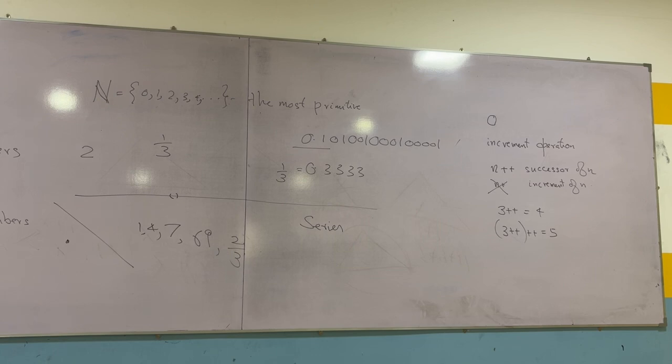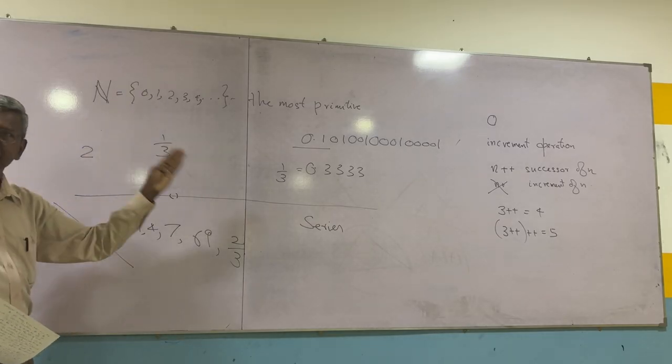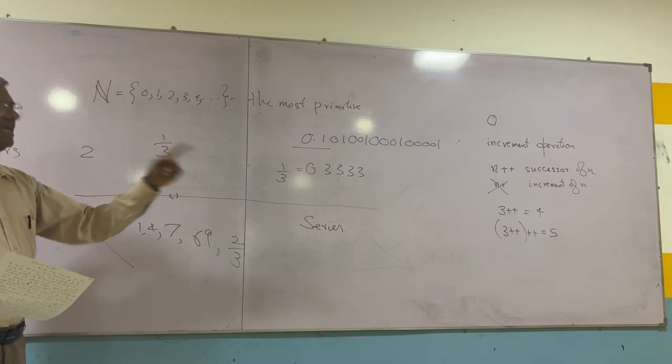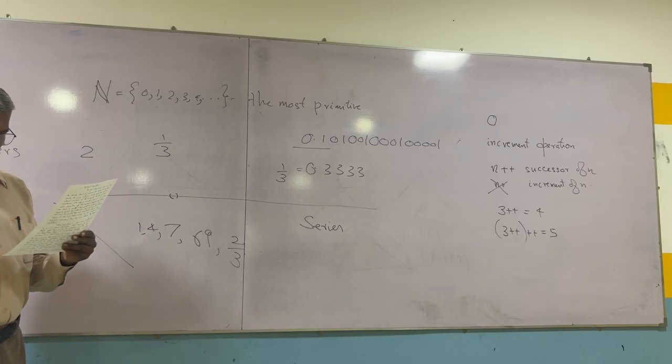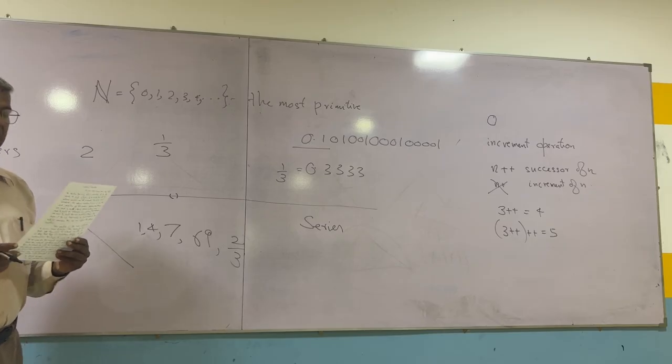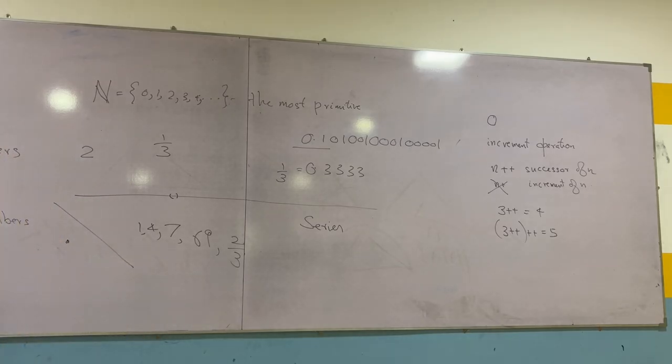It appears that we want to say that N consists of 0 and everything which can be obtained from 0 by the increment operation. Obtained from 0 by incrementing. N should consist of the objects 0, no?